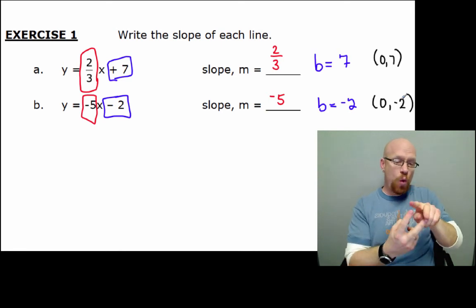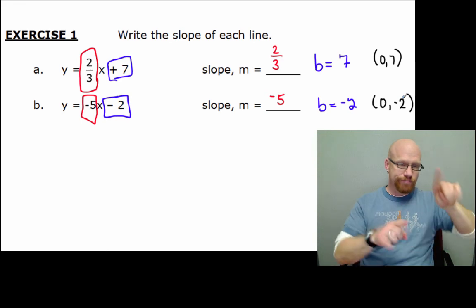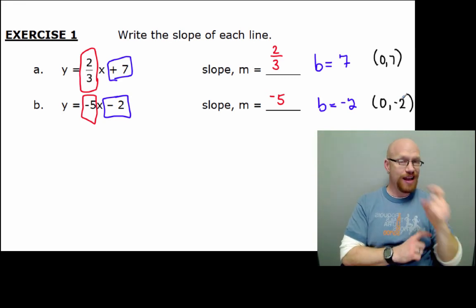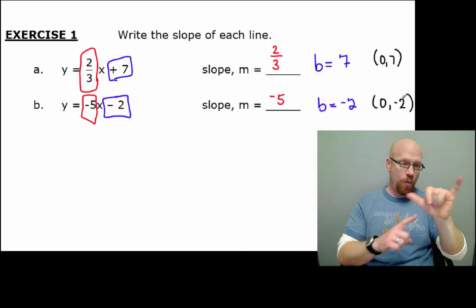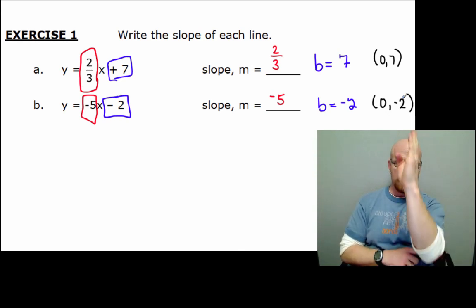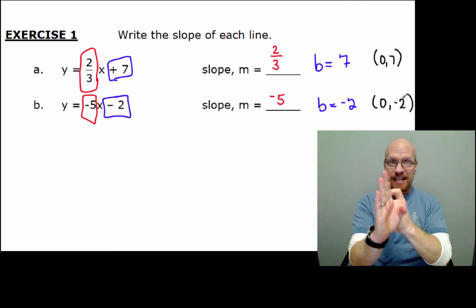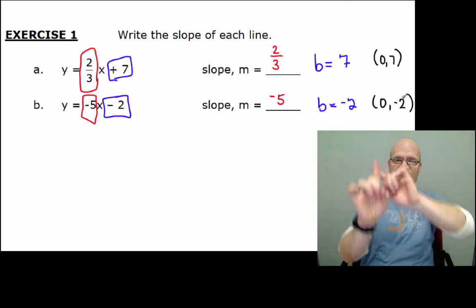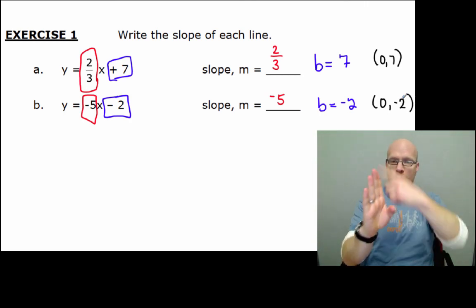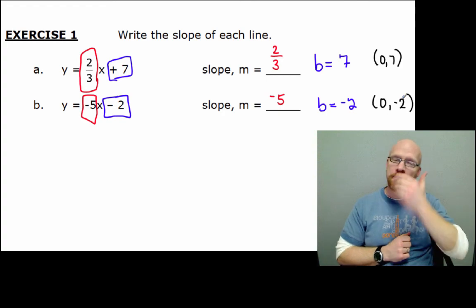I put down the actual coordinates, xy pair, in black. 0, 7, 0, -2. X will always be 0. If you think about the y-axis, it's in the middle of the x-axis. X is always 0. Y is different depending where you are, up or down for the line. Okay? Thank you very much.